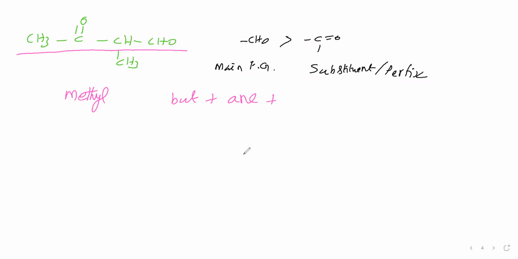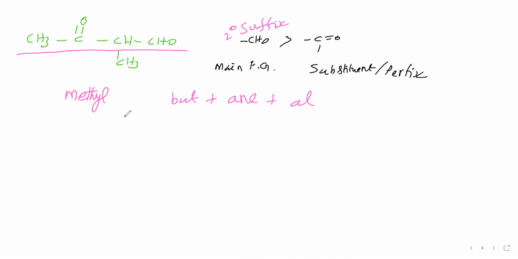The secondary suffix is the main functional group, and the main functional group name is al. Then this ketone name we have to say as substituent or prefix.